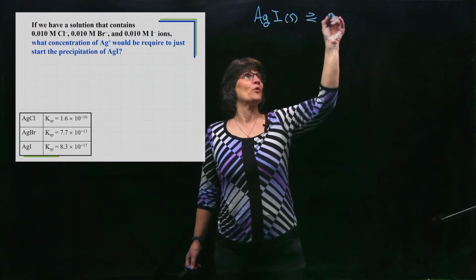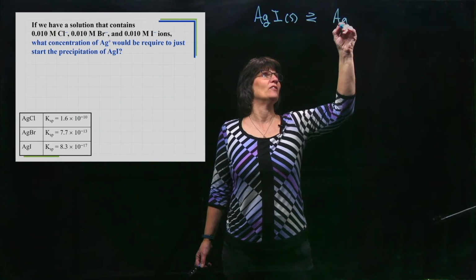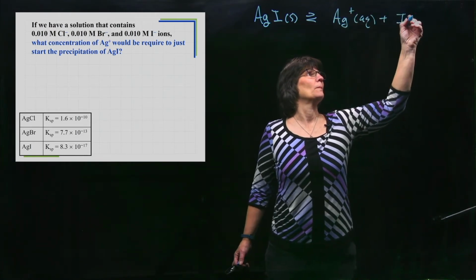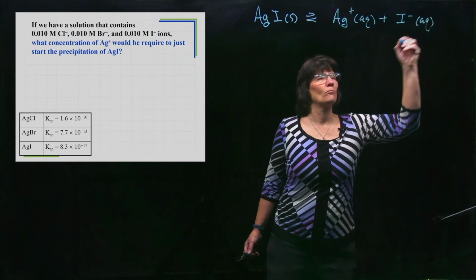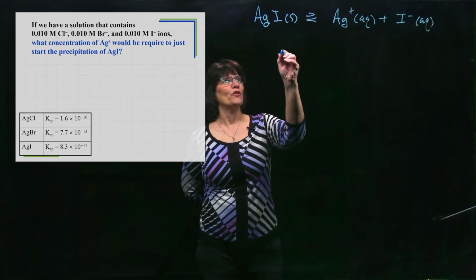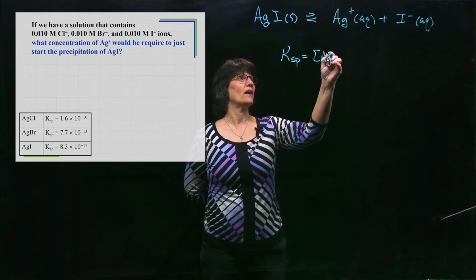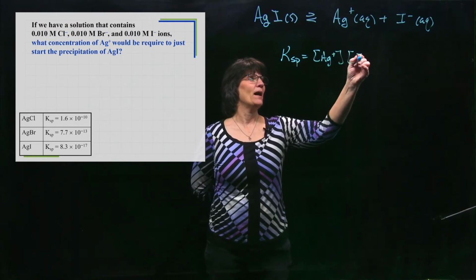This is the reaction for which that Ksp is given. This is what it applies to. We know that for this reaction, Ksp is equal to the silver ion concentration times the I minus concentration.